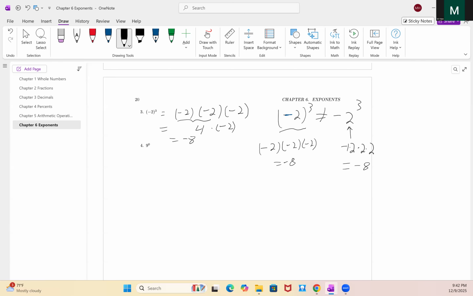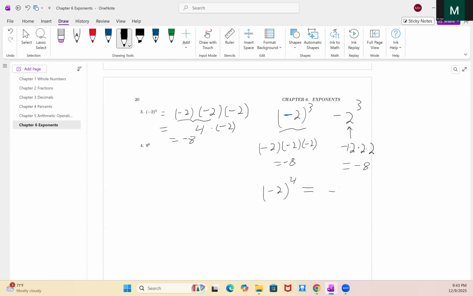For example, if we have negative 2 to the power of 4, in the previous case, because they were odd powers, they were equal. But if they're even powers, they're not equal. The first example did not illustrate what I wanted to say, but this example will.